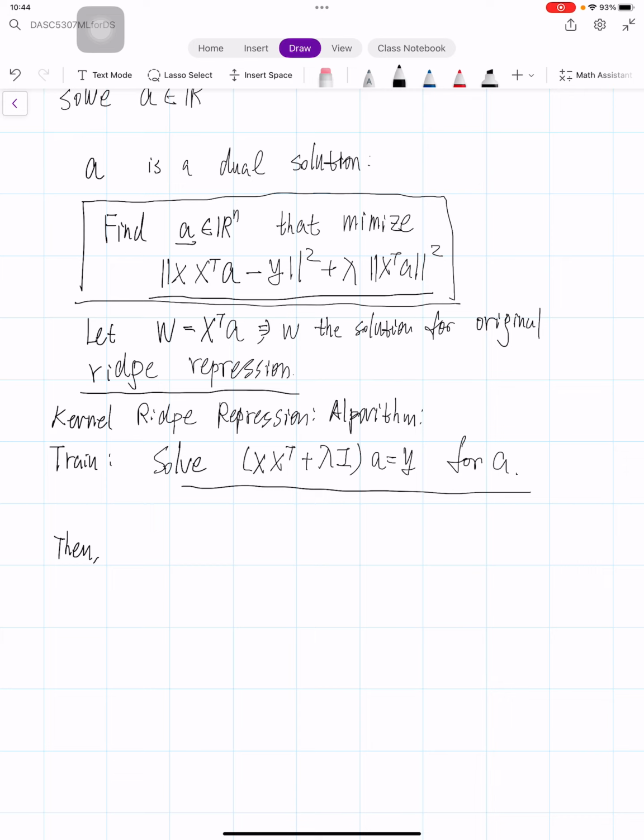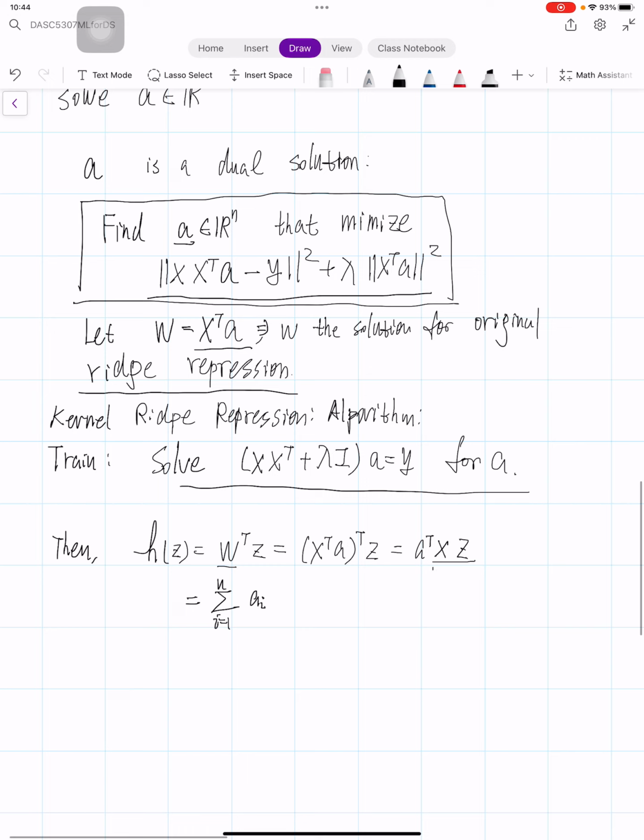Then your regression function at any new data point will be W transpose Z. Recall W now is X transpose A, so it's X transpose A transpose Z, which can be written as A transpose X Z. Okay, so we can write this as a linear combination, sum over i from 1 to n of a_i.